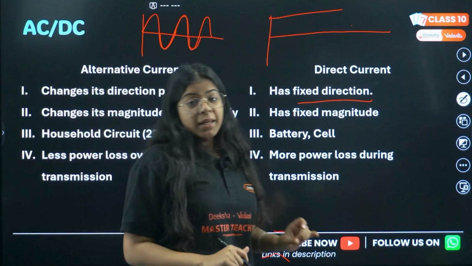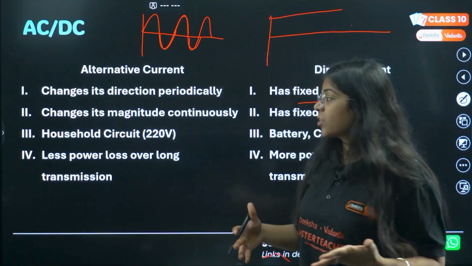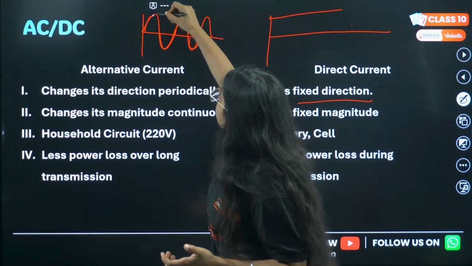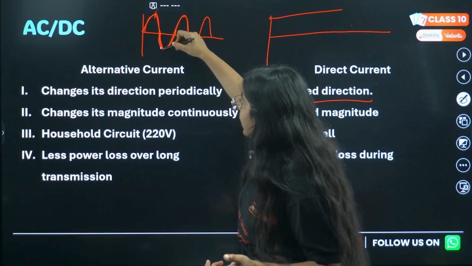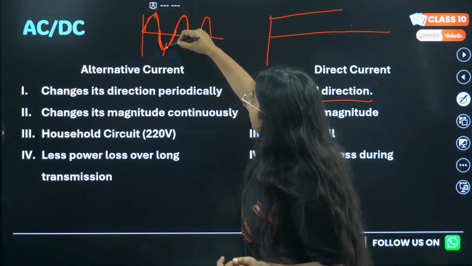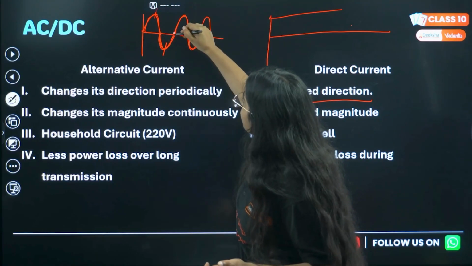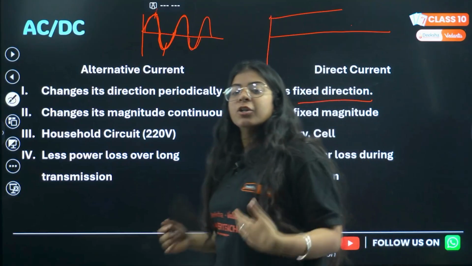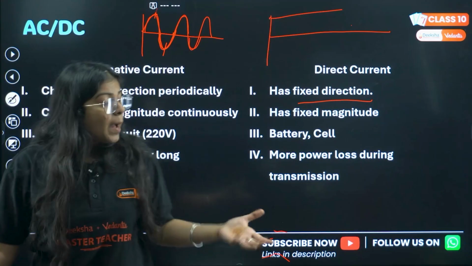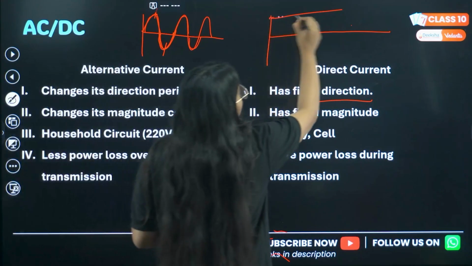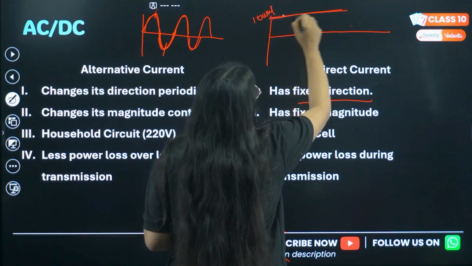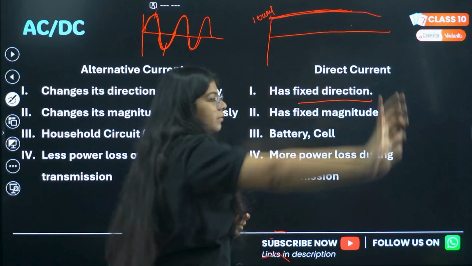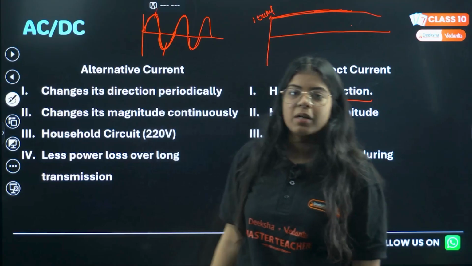Again, the magnitude of AC current is also changing. It increases, goes to a higher point, decreases to 0, then goes to the negative, reaches the maximum negative point, then comes back to 0. So the magnitude is also continuously changing, but DC just has a fixed magnitude. If it's 10 units, then it remains 10 units for as long as it's flowing through our circuit or wire.